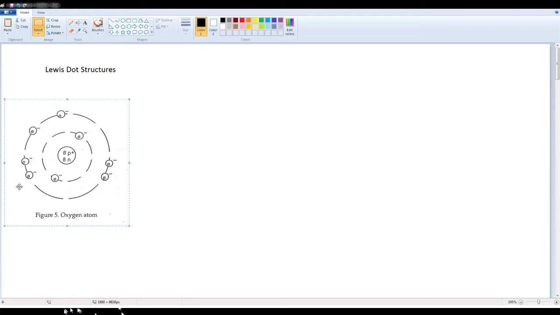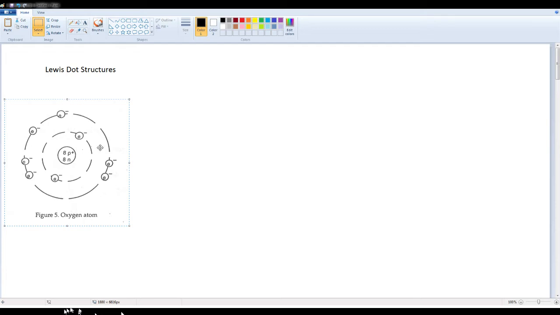When we go to do chemical reactions, the only thing that participates in a chemical reaction is the electrons. So it doesn't make sense for me every time to draw everything that's in the nucleus, and it really doesn't make sense to draw things in the inner rings, because the only ring that can participate in the reaction is that outermost ring.